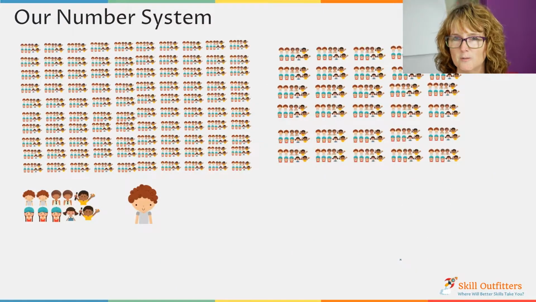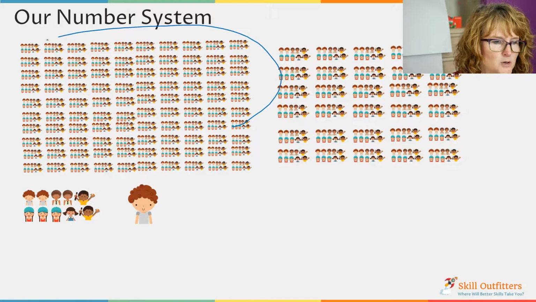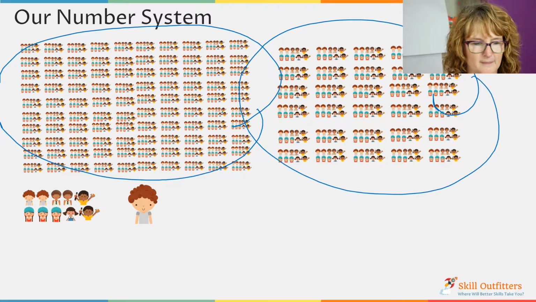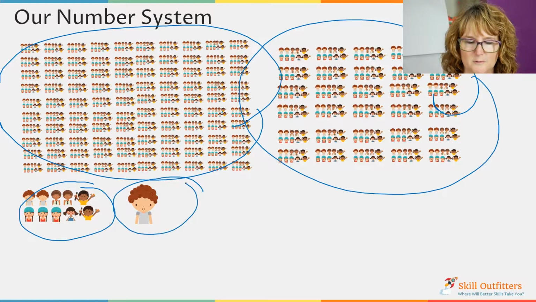So using our number system, let's go ahead and go through here and count the number of students we have here. So over here we have a group of 1,000. Here it looks like we have a group of 100. Over here we have a group of 10, and then we have 1 individual.